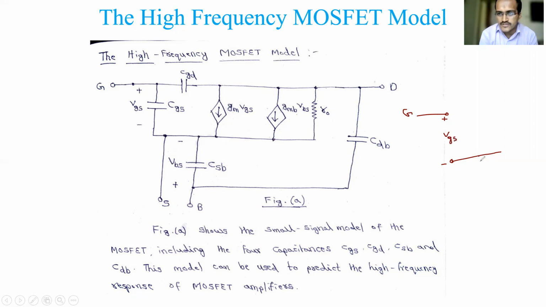This is the source terminal, which is grounded in the case of this model. And here you have a dependent current source, a voltage controlled current source. And what is its value? gm into VGS. I hope it is clear to you.